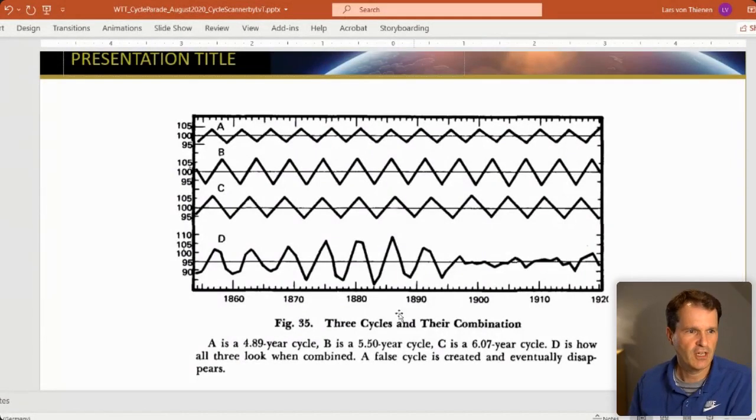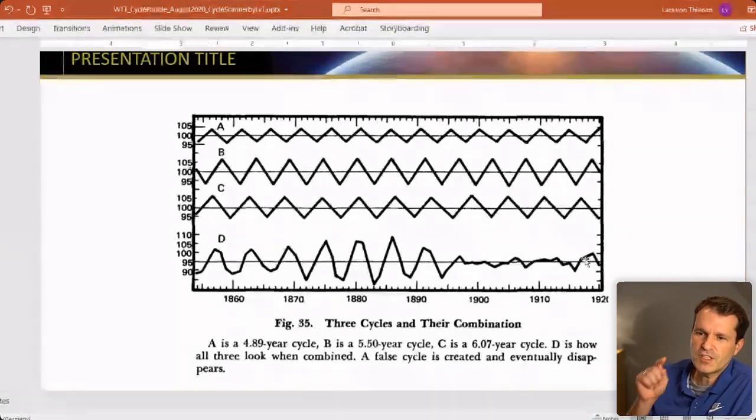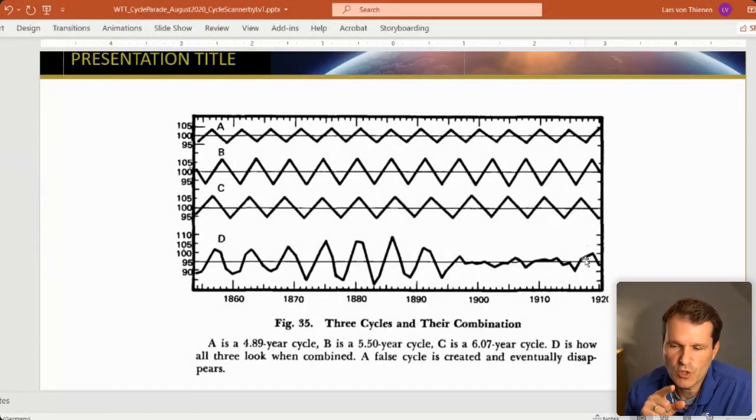If you just look at 1890 something here, you would see the cycle D in the market. And then the cycle kind of disappears here at shortly before 1900, disappears totally, kind of zeroing out, and then reappears 1920 something here. But this is not the real cycle which was active in the market.